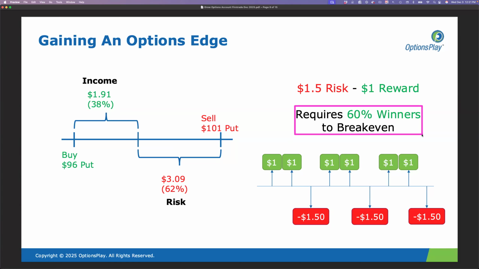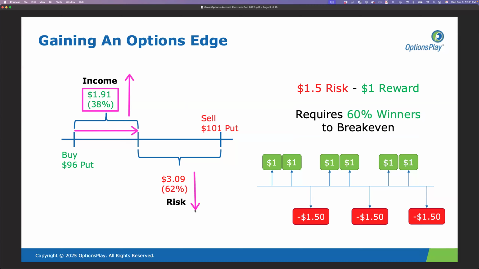That is the goal when you are selling a credit spread: to maximize opportunities where you can collect as much income as possible, because that reduces your overall risk on the trade. It improves your odds of success and your risk to reward.